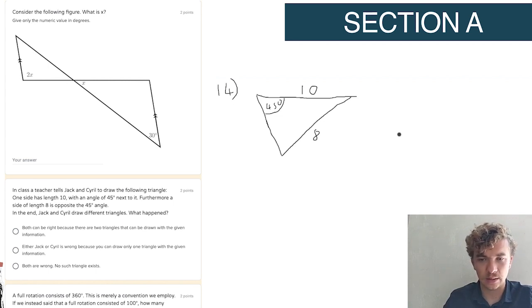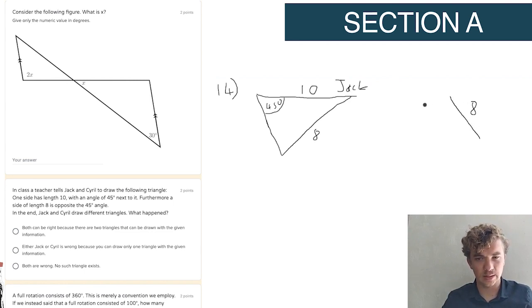Okay. Now, let's say this was Jack's drawing. And say Cyril drew another triangle. Okay, let's say that is the 8. And then we have some triangle over here with a side of 10 and 45 degrees over here.